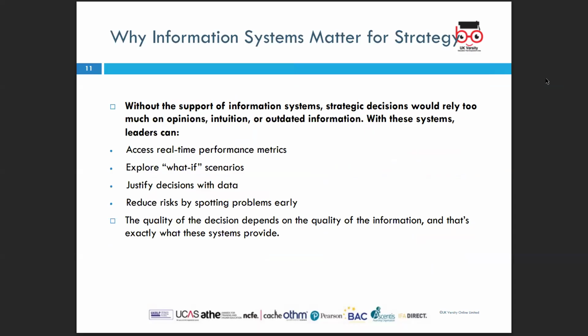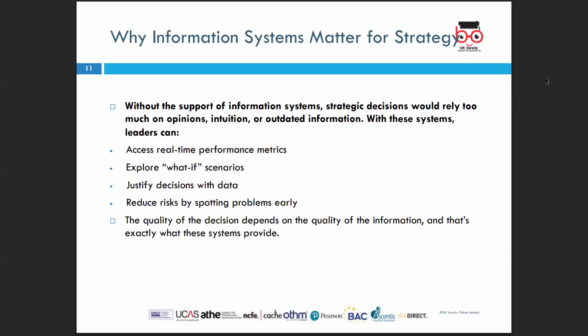So let's now look into why information systems matter for strategy. Without a supporting information system, strategic decisions could rely too much on opinions, intuition, or outdated information. So why does this matter?